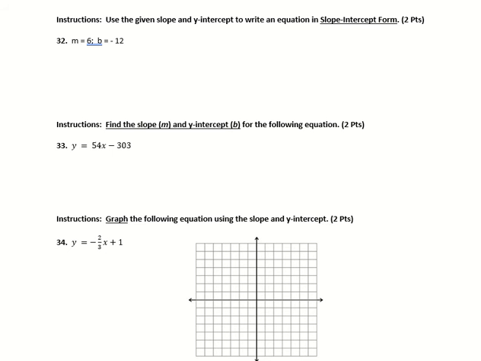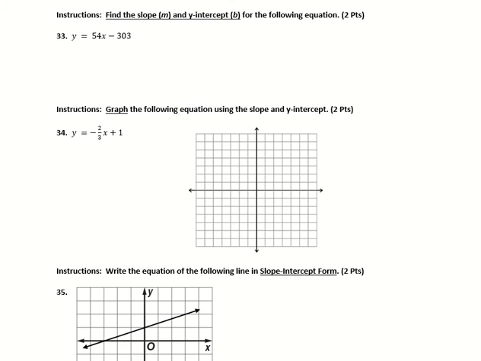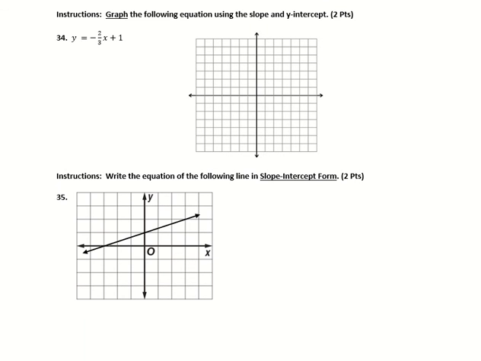Instructions. Find the slope m and the y-intercept b for the following equation. Number 33. Y equals 54x minus 303. Instructions.